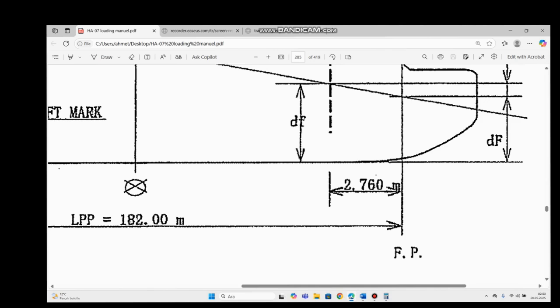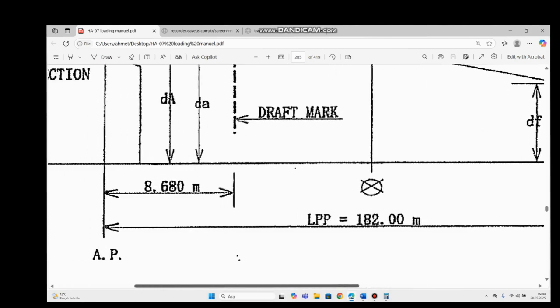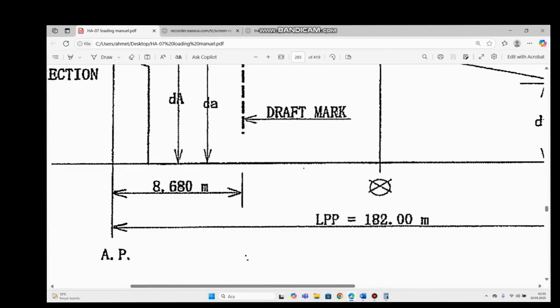That's why we are making this correction. And for aft draft, also it's same: distance between draft mark and aft perpendicular is 8.68 meters.